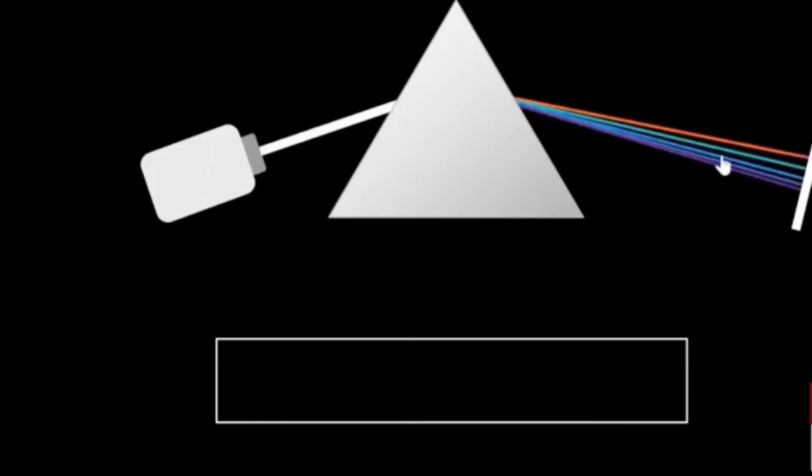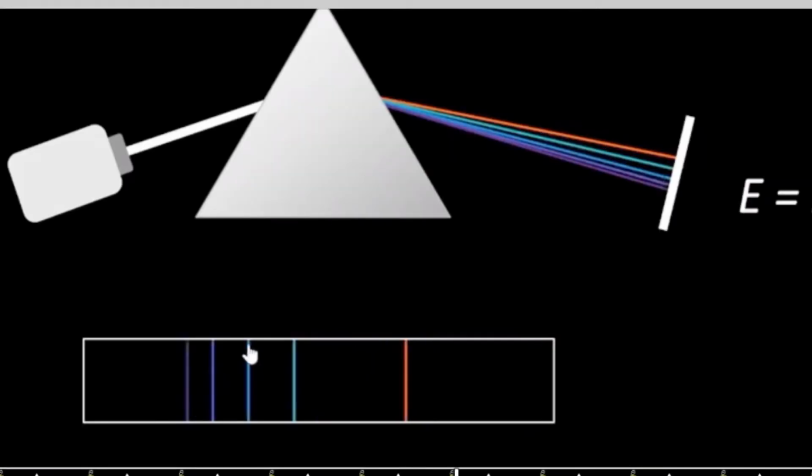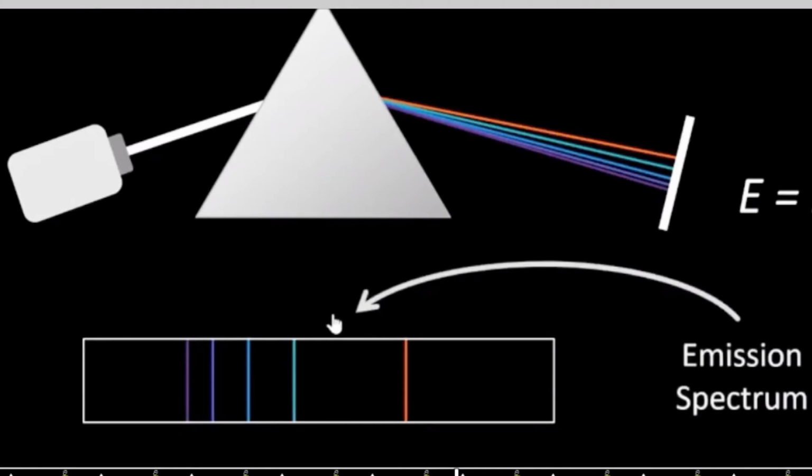Here you can observe that the substance is heated and the emitted light is allowed to pass through the prism. The emitted radiation, or the diffracted light, will consist of certain particular colors only. Those lines we call line spectrum, or line emission spectrum.